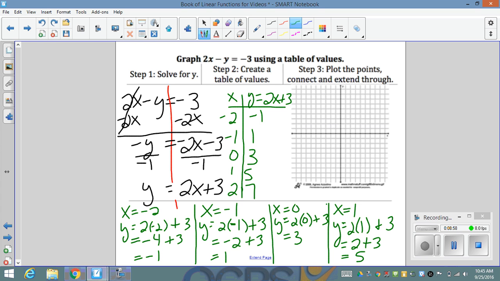Okay, plotting my points. Negative 2 comma negative 1. Let me see if I can do that better. There. Negative 1, that's not right. Let me try again. Negative 2 comma negative 1 is right there.